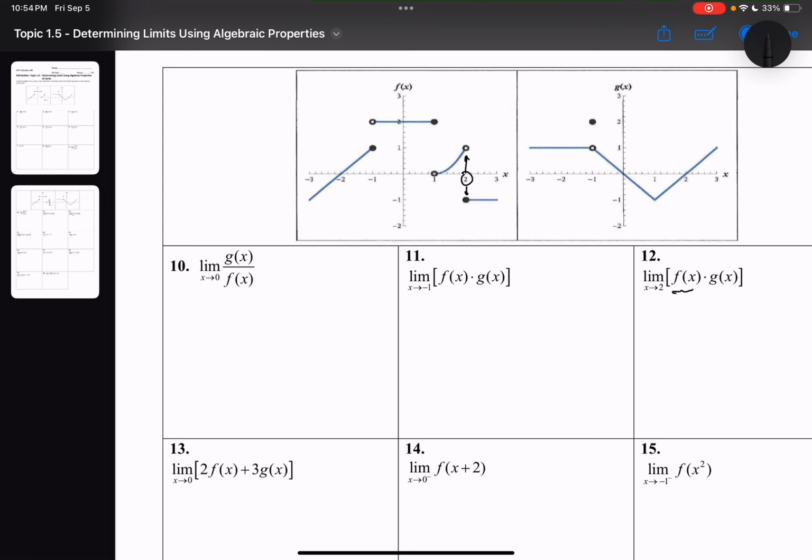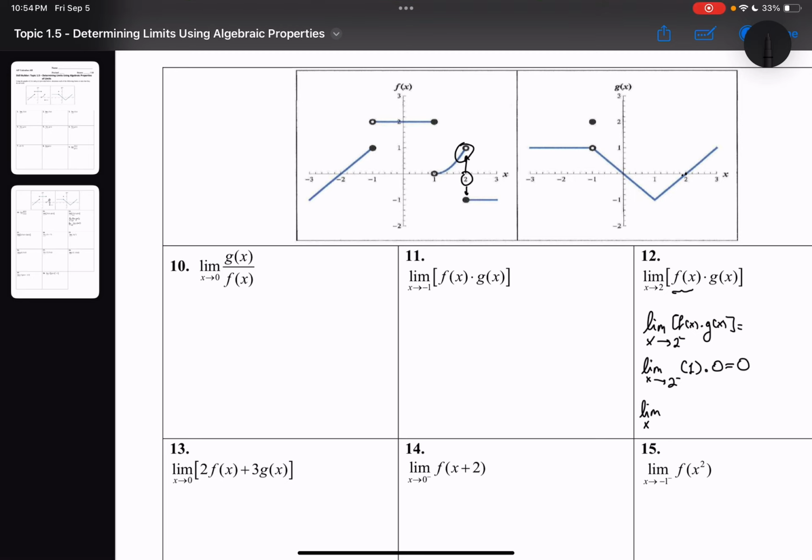So limit as x is going to 2 minus for f of x times g of x is going to be limit as x is going to 2 minus. So at 2 minus the function f is tending to 1, and for g of x the 2 minus is tending to 0, so 1 times 0 is 0.